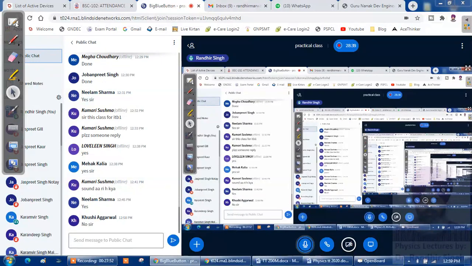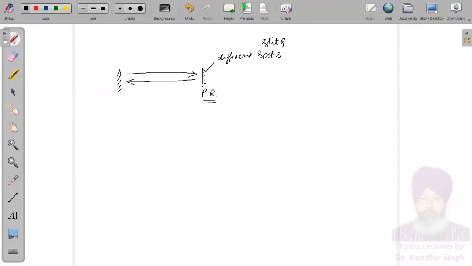Okay, students. So what happens when light comes out of this partially reflecting mirror?